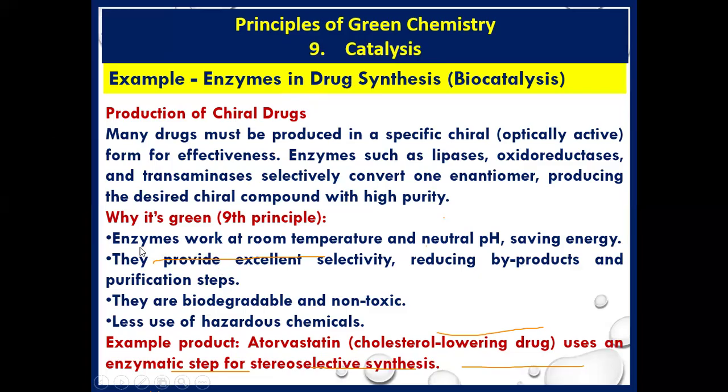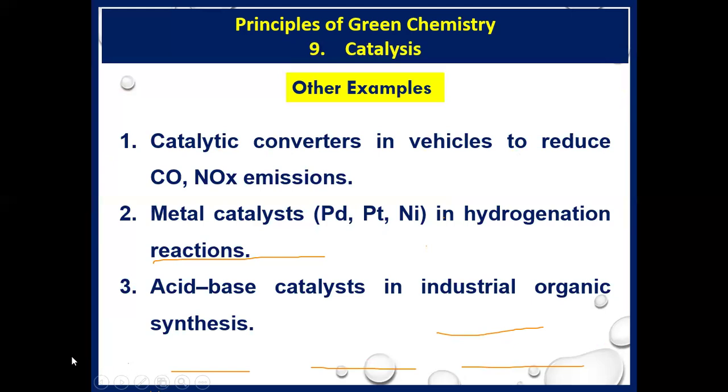Why is the production of chiral drugs considered as following the ninth principle of green chemistry? Because enzymes work at room temperature and natural pH, saving energy. They provide excellent selectivity, reducing byproducts and purification steps. They are biodegradable and non-toxic, with less use of hazardous chemicals.